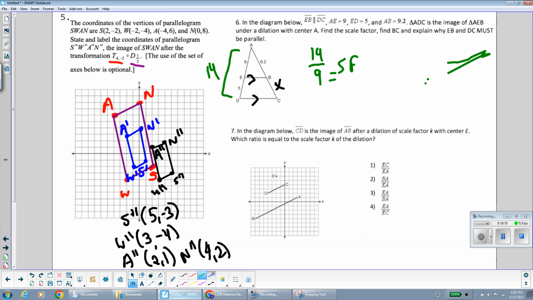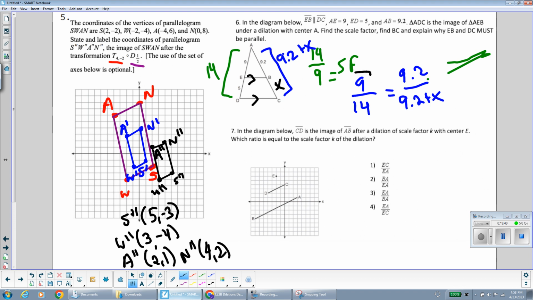I'm going to use a proportion to find the missing side x. So let me do the side from small triangle over the corresponding side from big triangle. That would be 9 over 9.2 plus x.